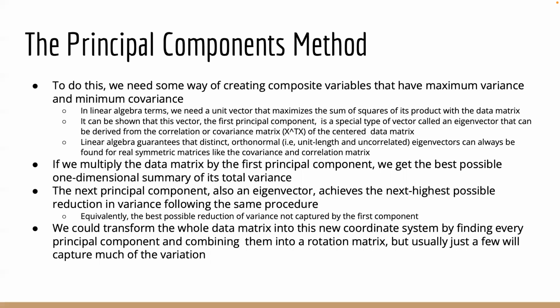And if we kept going with all P principal components, then we could transform the entire data set to this new coordinate system. But in most cases, we can get most of the variance in just a few components, and so distill these patterns in the data set into a simpler and more manageable form.